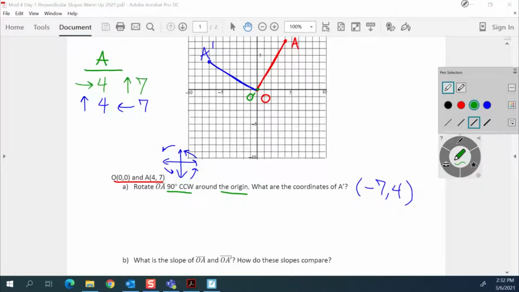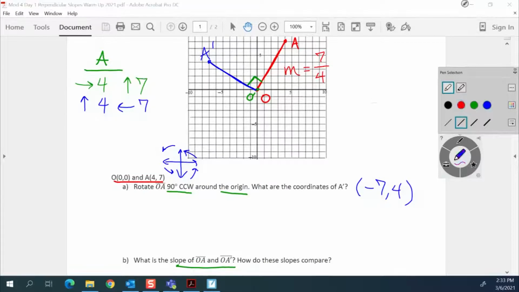Okay, now because I rotated this shape 90 degrees counterclockwise, that means that the angle formed here is a 90-degree angle. That's what happens as you rotate things. You create the same angle as your angle of rotation. Now we're focused on the slopes of OA and OA prime. The slope of OA is a rise of 7 and a run of 4.